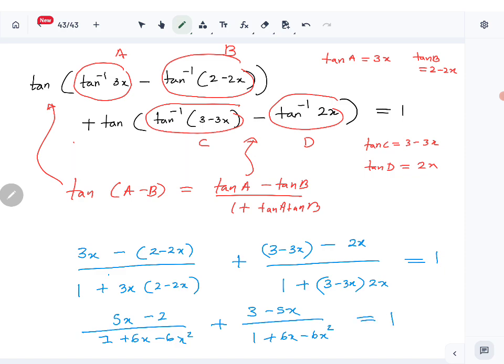You have the same denominator. Right, now let's simplify.